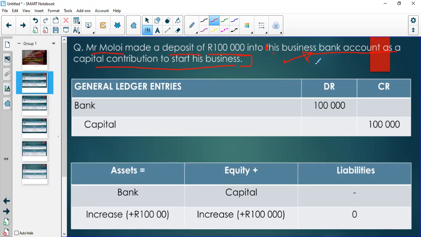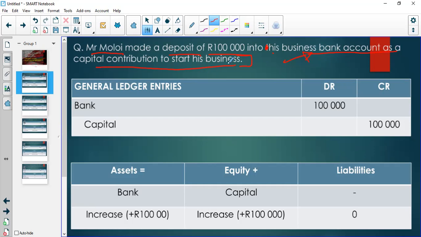As we've said in our previous sessions, it's very important for you to be able to read a transaction and see which accounts are being affected.